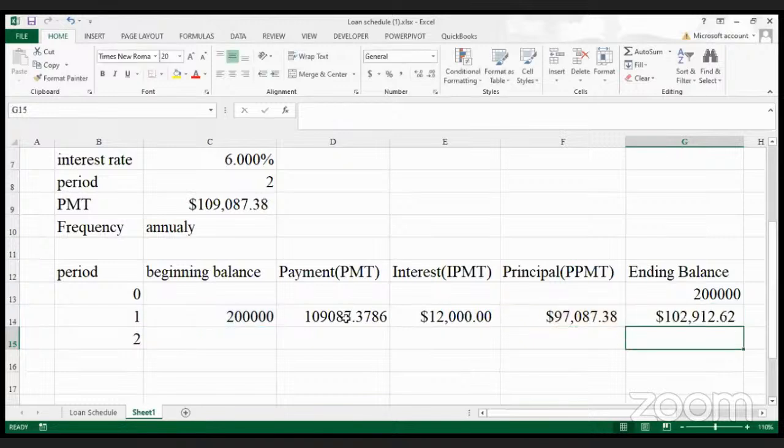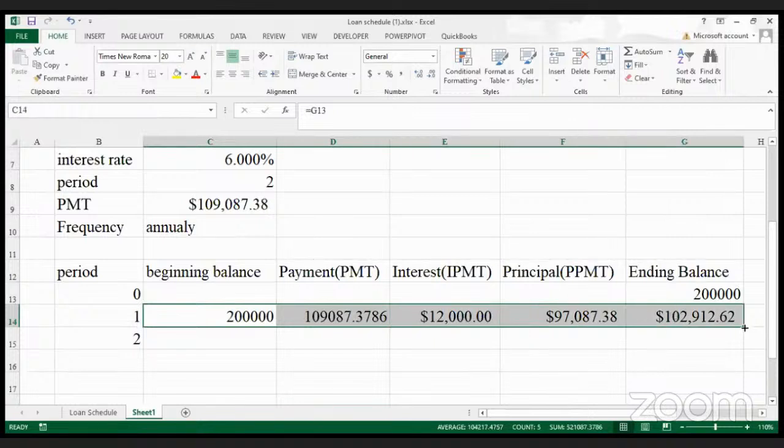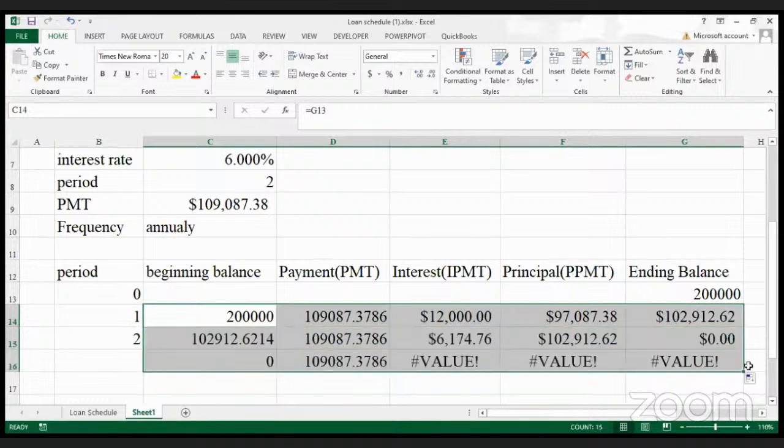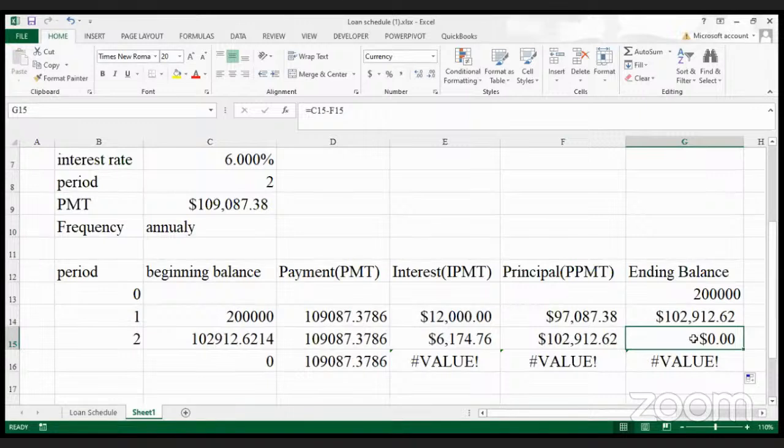So if we do that, then the loan payment should be completed in period 2, so let's see what will happen. You will see that it is going to be paid for 2 years, and then at the end of year 2, the balance will be 0. So the loan shall have been completed.